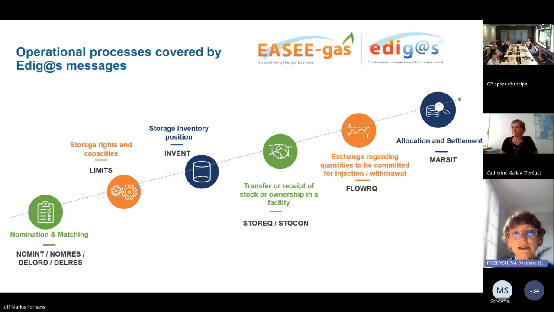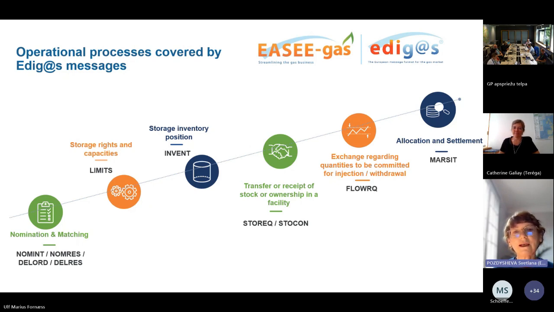We have already a message called limits, which allows giving information on storage rights and capacities. As I said, implementation of the new products, very good. We also have an invent message, which allows getting real time, well, depends on the product, costly, obviously, our inventory position, so we can always monitor where we are within storage usage.